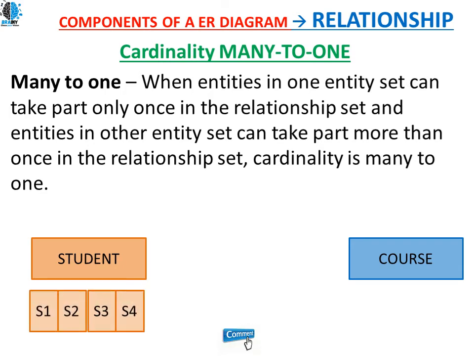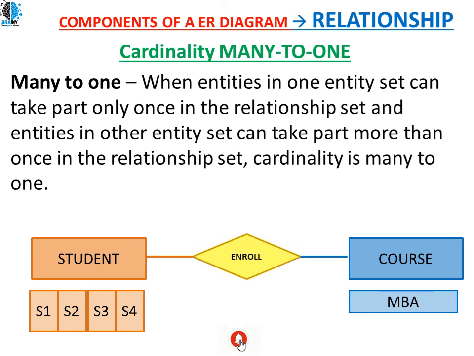So like this, I will be having multiple students. I will be having students s1, s2, s3, s4. So it means many students will be enrolling for a single course, that is MBA. So this type of association or relationship is enroll.